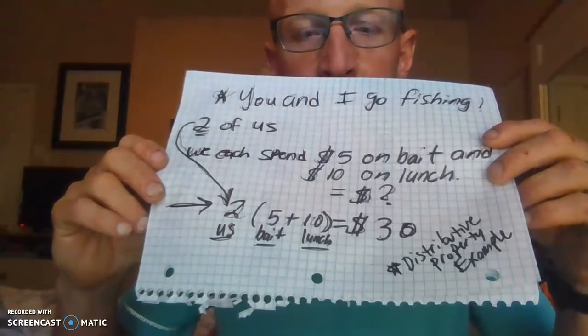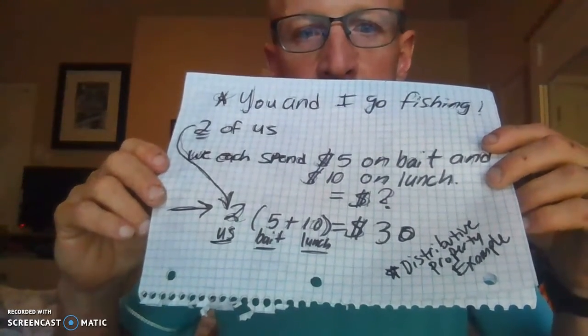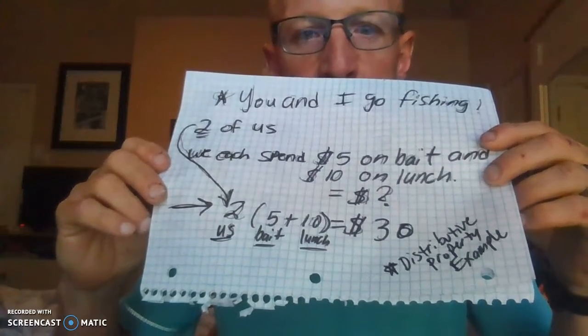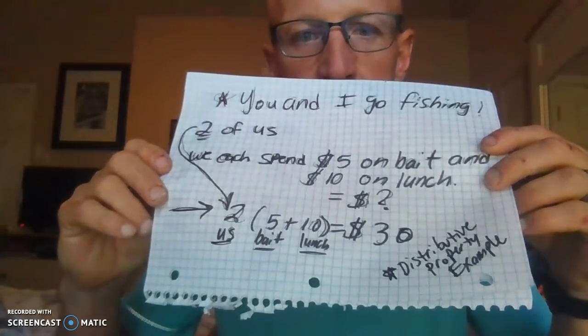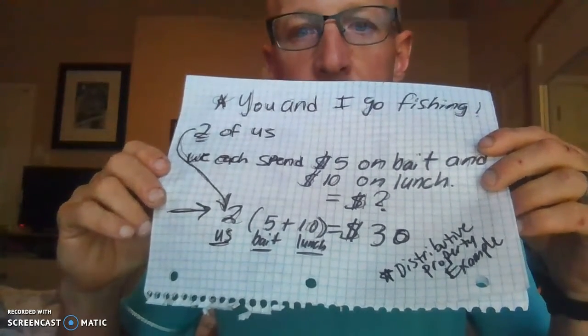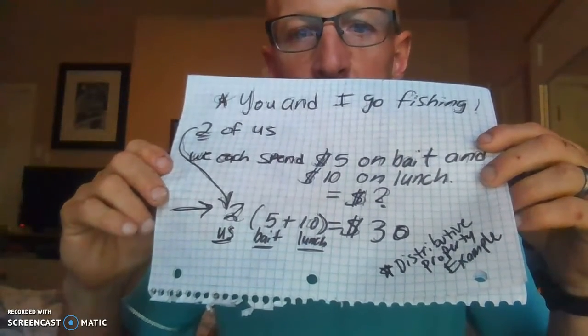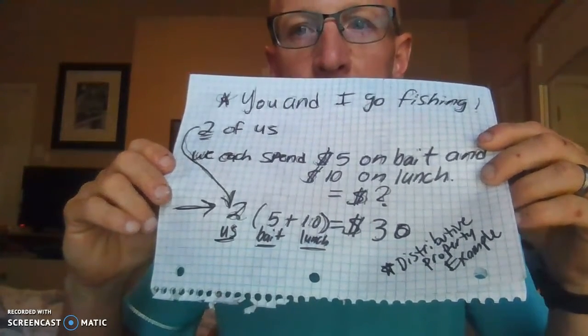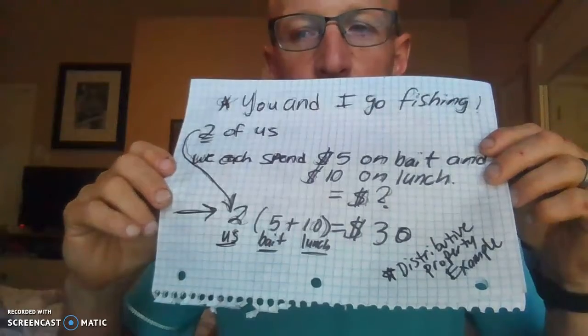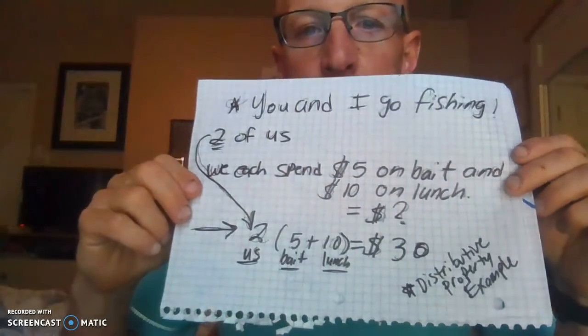So on the outside we have the people, and then in the parentheses we have the money we spent, each, 2 of us, on bait and lunch. So there's an example of distributive property that you might see or think of outside of your math book.